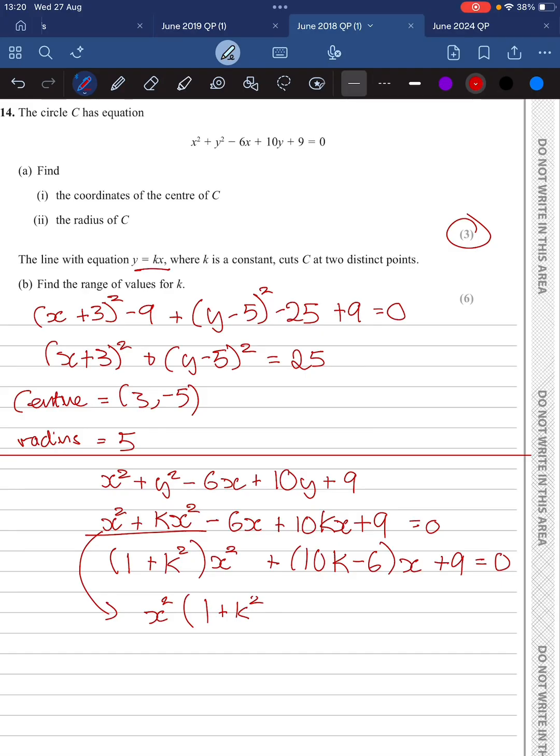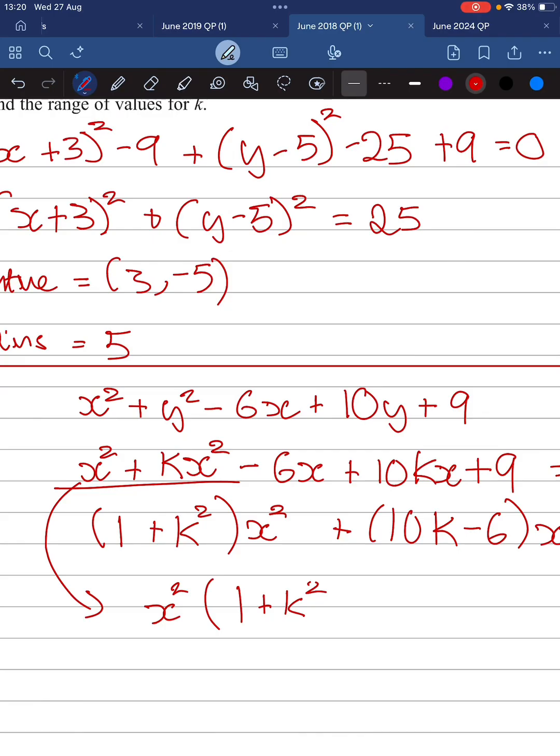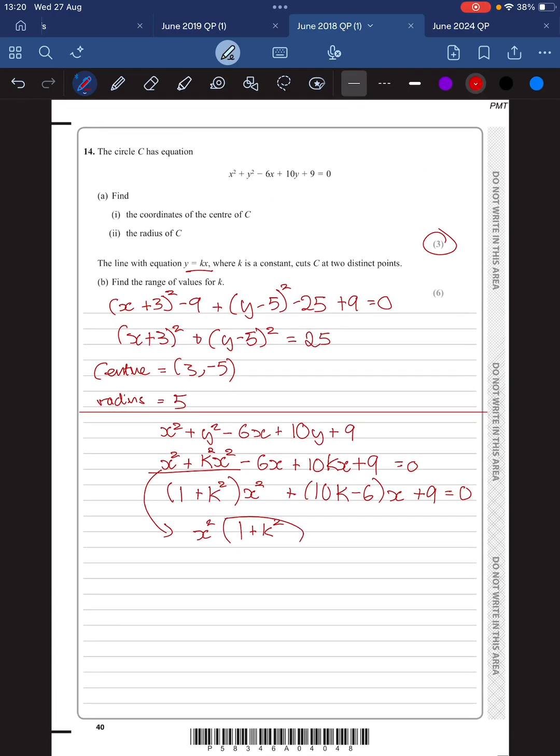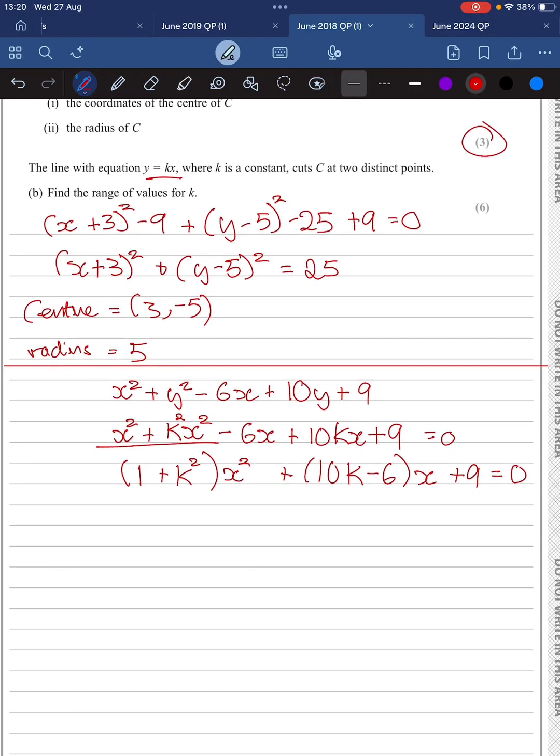Because the k in this scenario, you know how we squared it? This would be also k squared. Hopefully that makes sense. Okay, I'm going a bit off track here. So this is our solution when we put the value y equals kx instead of the value y, okay?